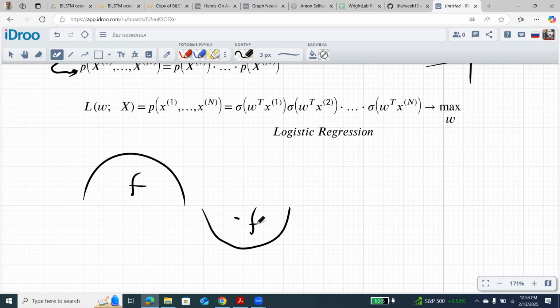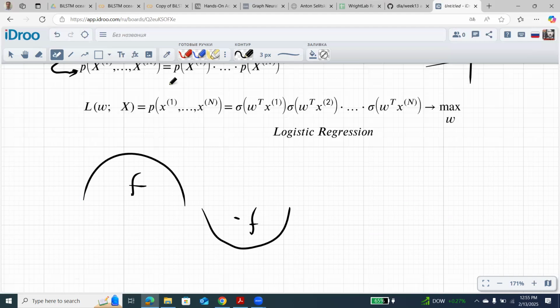You will hear a lot about convex optimization problems. A convex optimization problem is nice because a convex function has a unique minimum, and you will be able to find it. Neural networks are not convex functions, and that's why it's hard to optimize them.